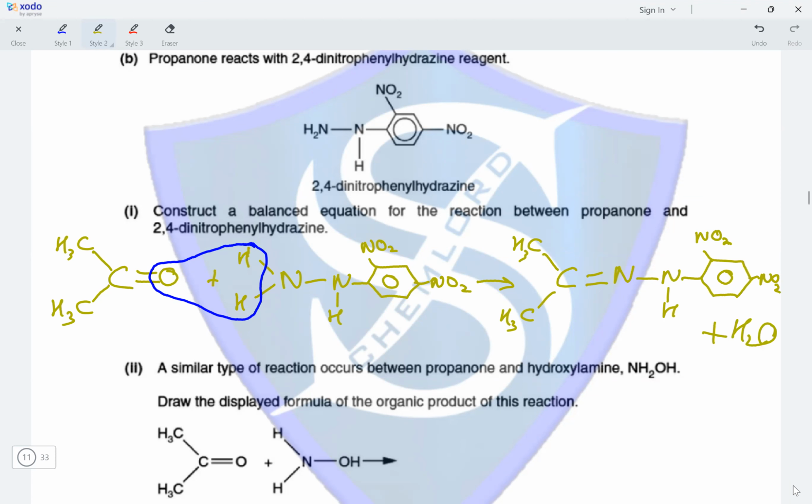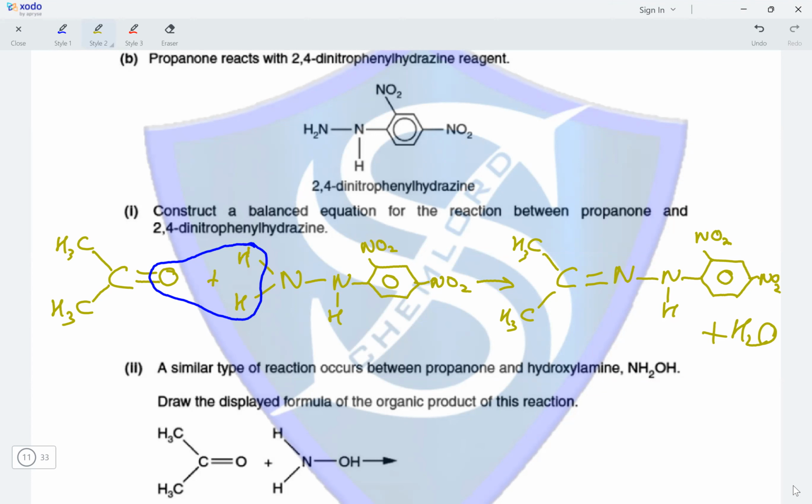So this is the reaction equation for the condensation of propanone with 2,4-dinitrophenylhydrazine, forming the product which is represented as a yellow-orange precipitate.